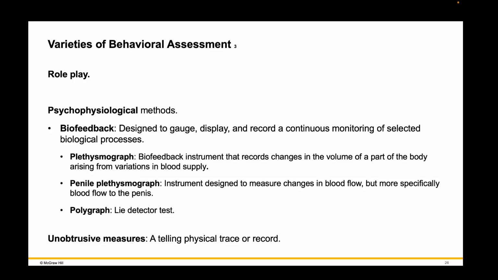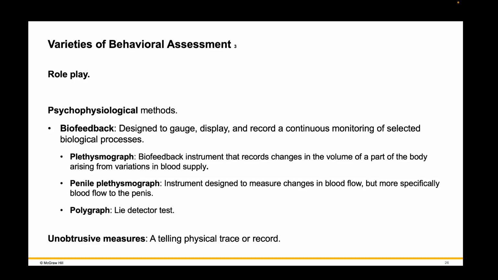And then, of course, the ever famous lie detector test. However, a lot of its reliability and validity is still being debated. Actually, the results of this test is inadmissible in court. Hindi siya tinatanggap ng mga courts as an evidence.